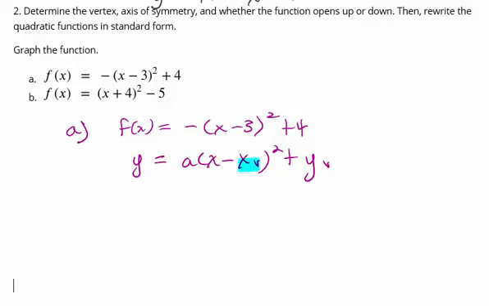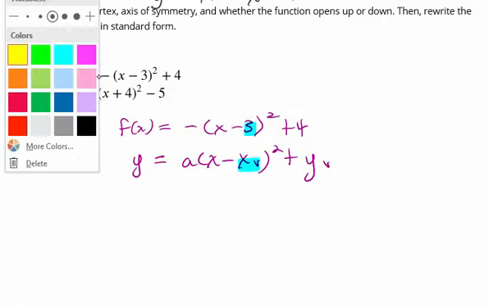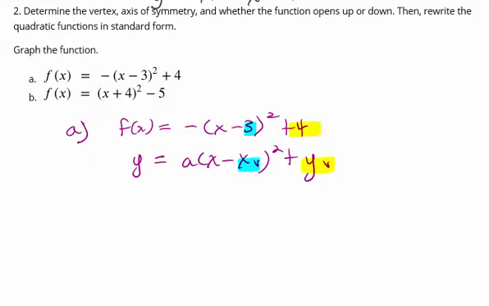And we see that x sub v is 3 and y sub v is 4. And therefore the vertex is at 3, 4.